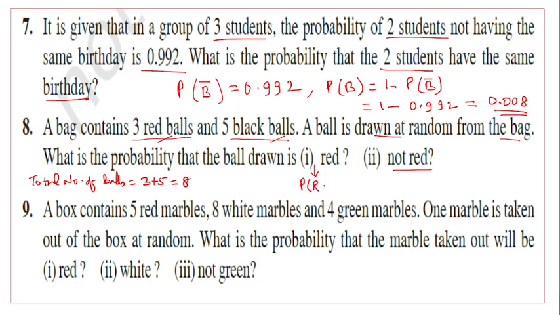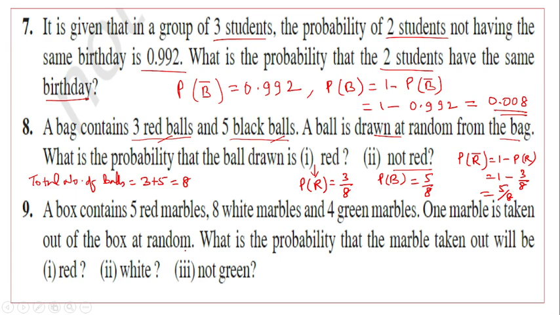So the probability of a red ball will be 3 by 8, the number of red balls divided by the total number of balls. Not red means black balls, so it is 5 by 8. Otherwise we can also find it as P(not red) is equal to 1 minus P(red ball), so 1 minus 3 by 8 gives 5 by 8.